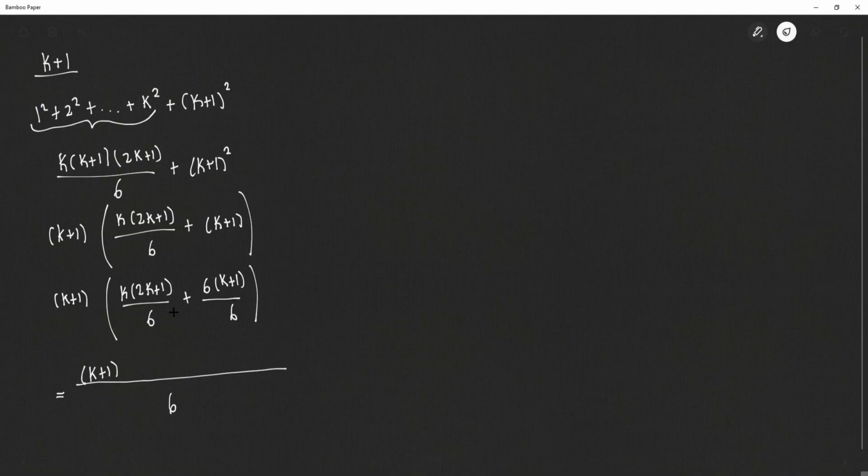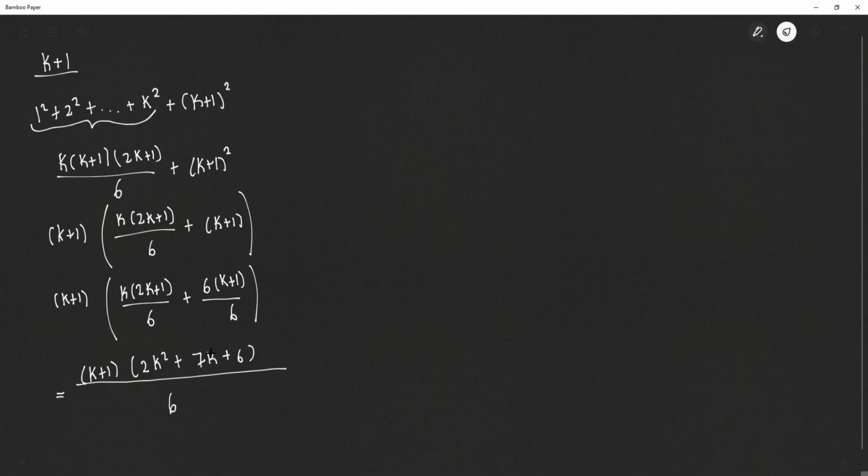And the inside of this bracket simplifies to 2k squared plus 7k plus 6. So now this is our whole expression.